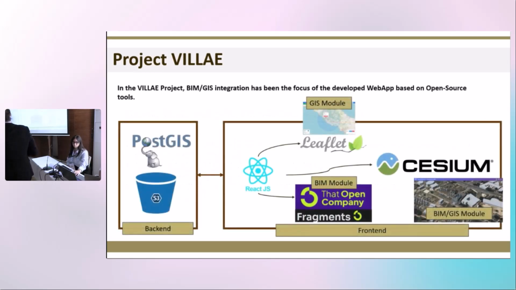In particular, this is the overall overview of the software architecture we defined for this kind of solution. We use PostGIS because the platform is not only 3D BIM GIS. It does not only have this module, but it also has a 2D GIS and a dedicated BIM viewer.